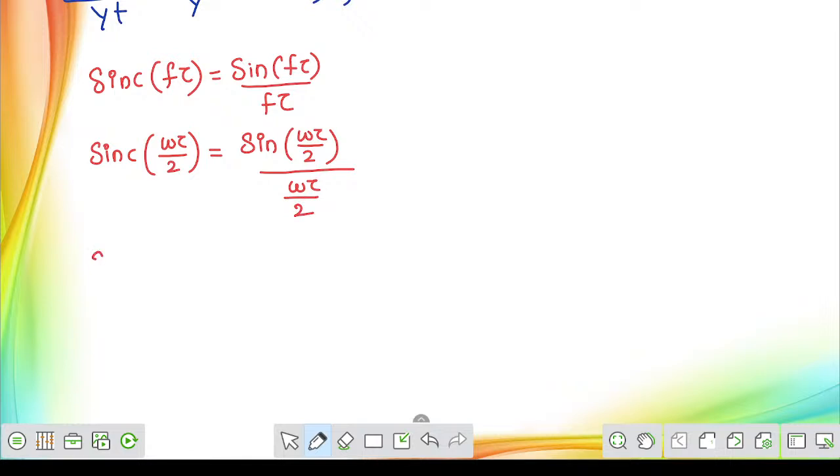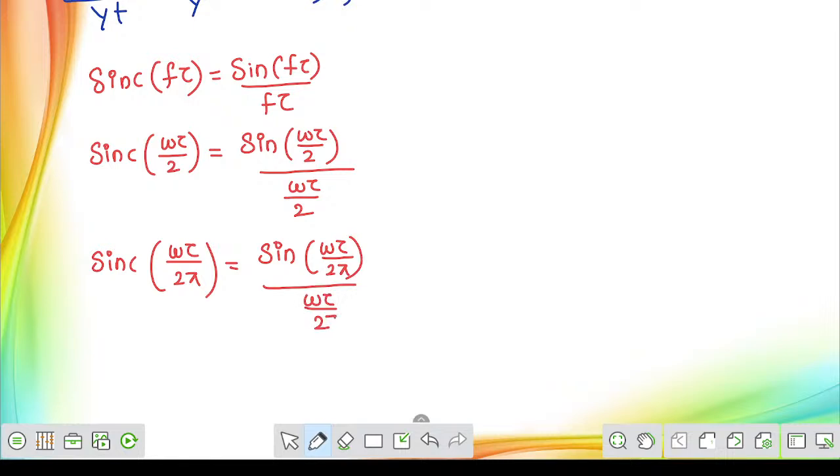Sometimes it will also be given as sinc of omega tau by 2 pi. Then its equivalent value is going to be sine of omega tau by 2 pi, and in the denominator you will have omega tau by 2 pi. That's it, sir. This is how we are defining this function. Ultimately, you should remember all these properties.